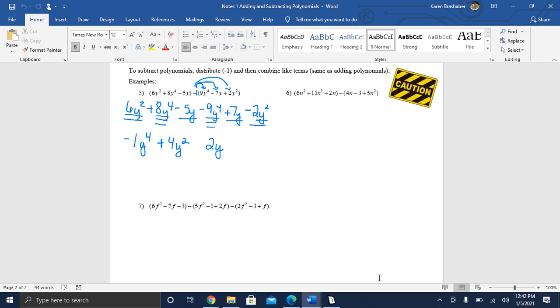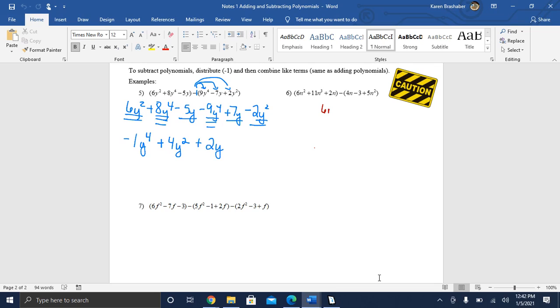So you'll really be doing what we did on the front side with addition after you get the sign changed in that second parentheses. So we'll look at number 6, and I will do it by stacking up like terms. So our first parentheses, we have 6n to the second.